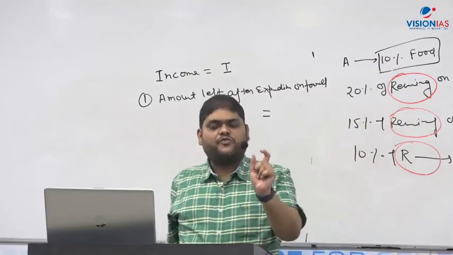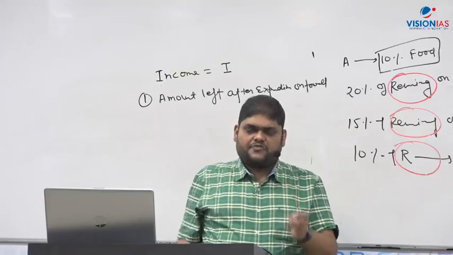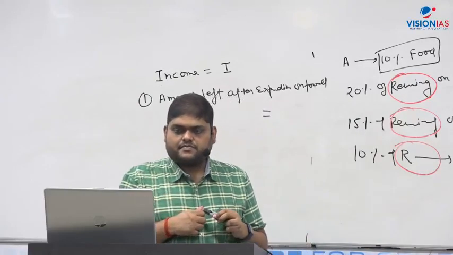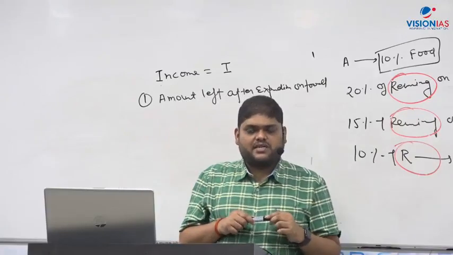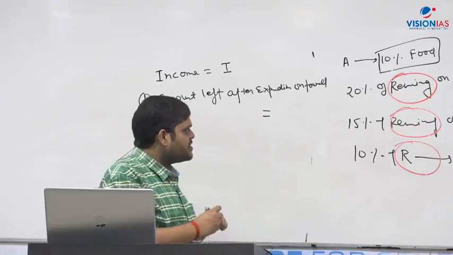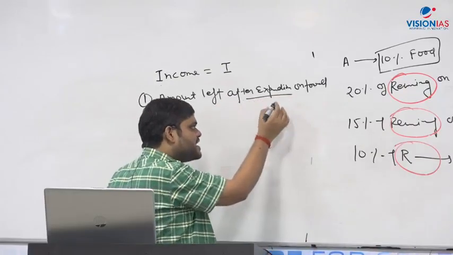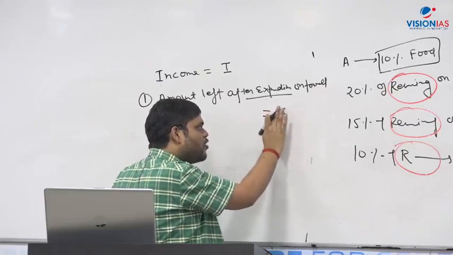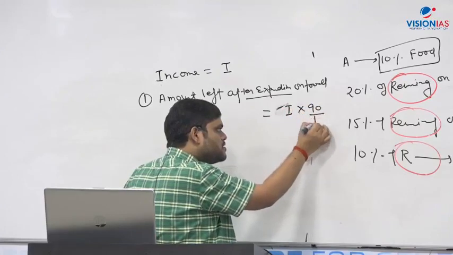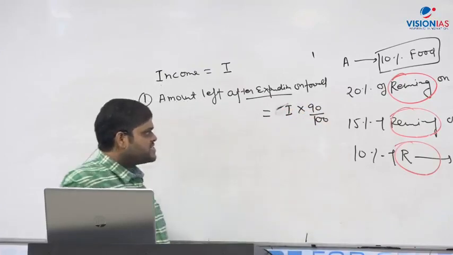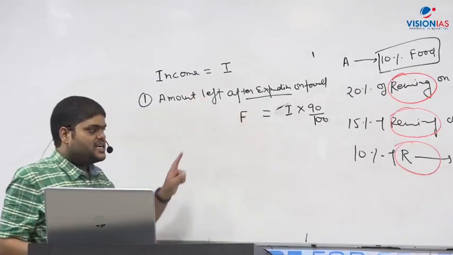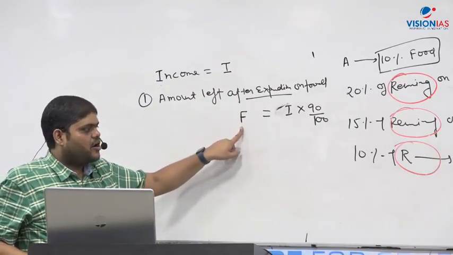What is the meaning of spending 10%? If anything was 100%, if you spend 10%, how much is left? 90% is left. That means after this expenditure, out of total income, 90% is left. Suppose this is F. This is after expenditure on food.